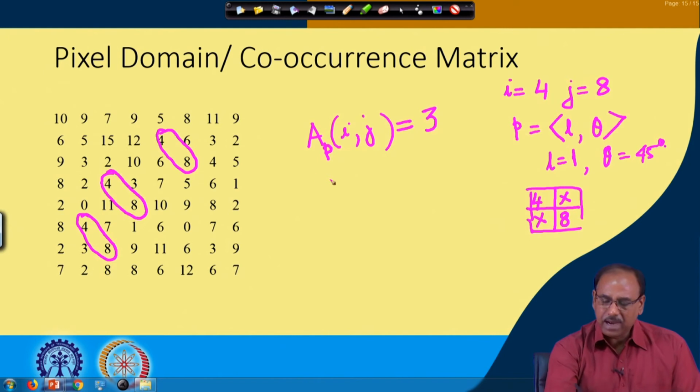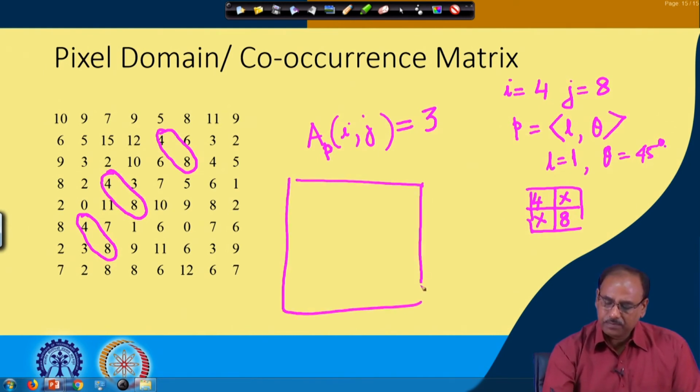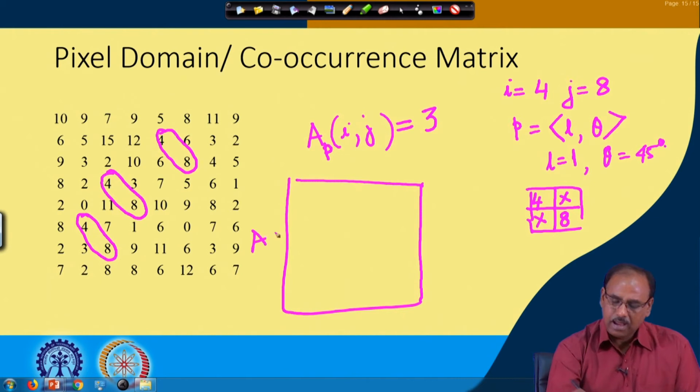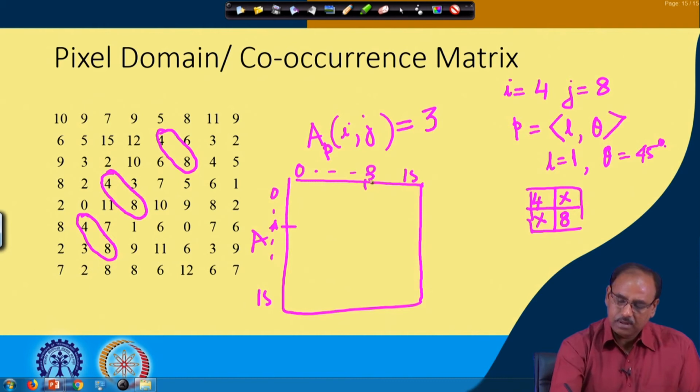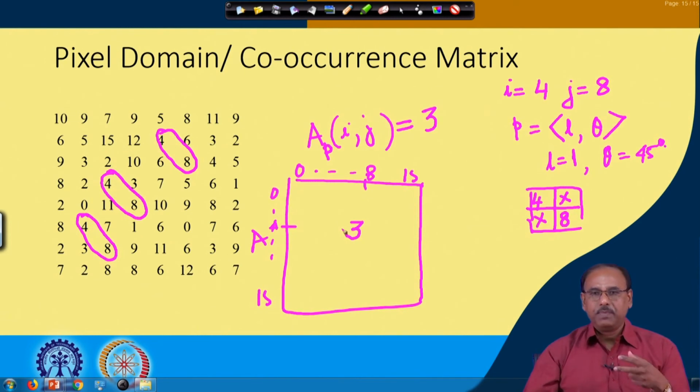So, my co-occurrence matrix is a matrix A having 16 elements from 0 to 15 horizontally, 0 to 15 vertically, and at location 4 8 the value is 3, indicating that this pair of intensity values 4 8 following this positional constant p occurs 3 times in this given image, and that I compute for all values of i and j.